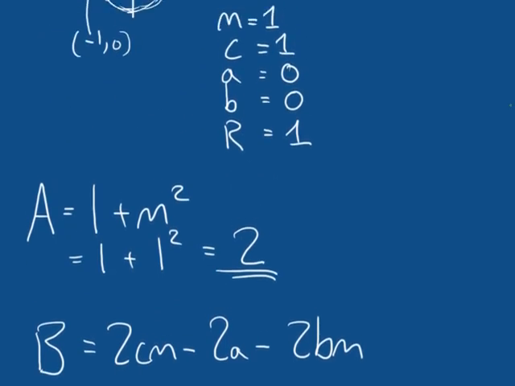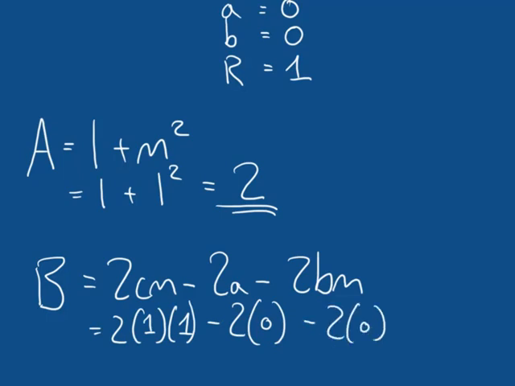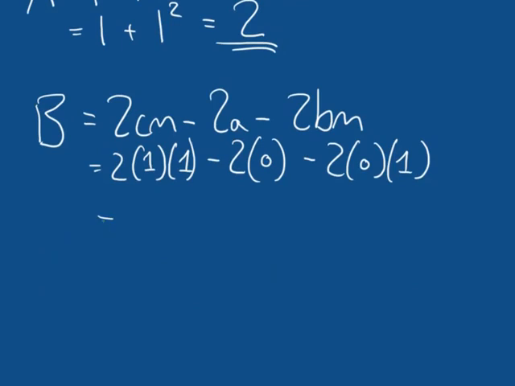So that's going to be equal to 2 times 1 times 1, so 2c is 1, m is 1, minus 2a where a is 0, if you recall, we're centered at the origin, minus 2b where b is 0, m is 1. Well, 2 times 1 is 2, minus 2 times 0 is 0, minus 2 times 0 times 1 is 0, which means that b is equal to 2.